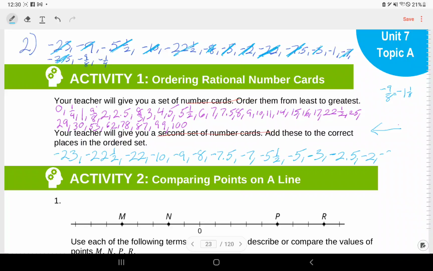So negative 9/8, then negative 1, and then negative 1/4. And that's activity 1. Okay, the largest number is the farthest from 0, so it's going to be the farthest to the left, and therefore the smallest.